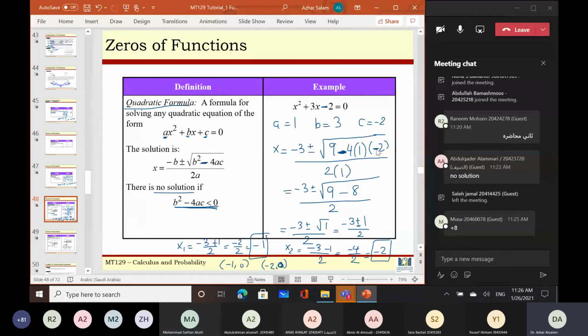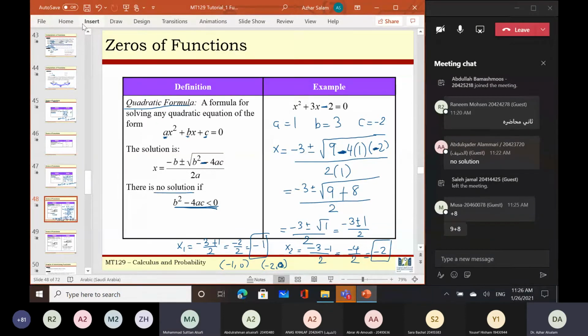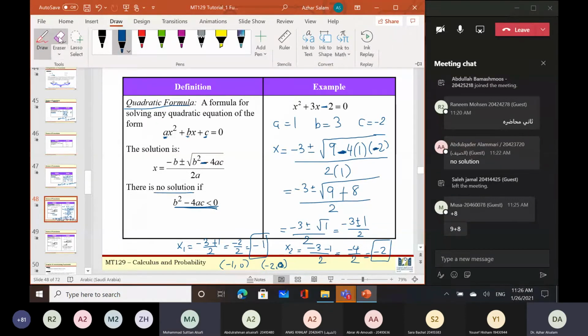Okay, and this is the minus 2. When I multiplied minus by minus, this is the sign. This multiplied by minus will be plus. Yes. So here the mistake is with the sign. Okay, I just have to fix all the signs here.